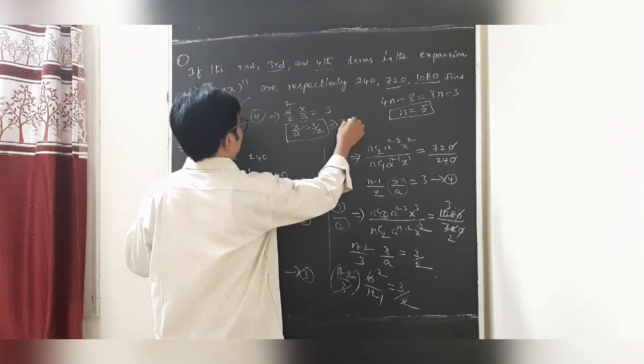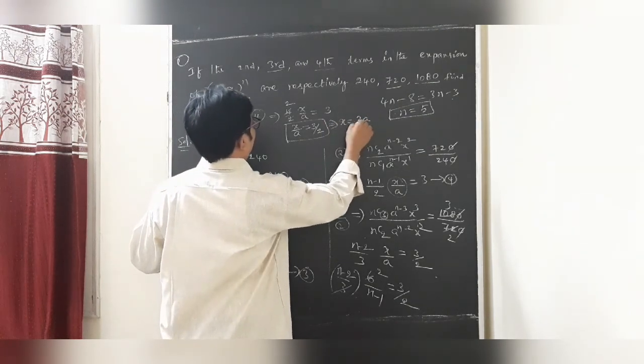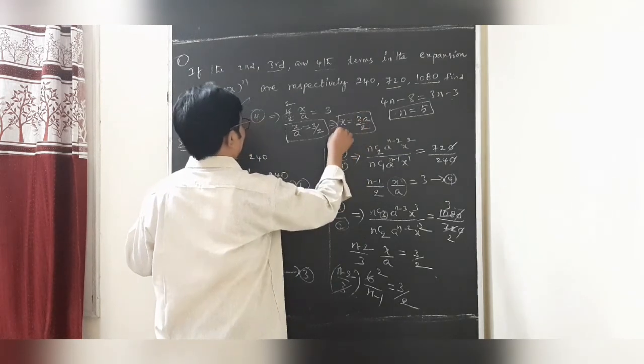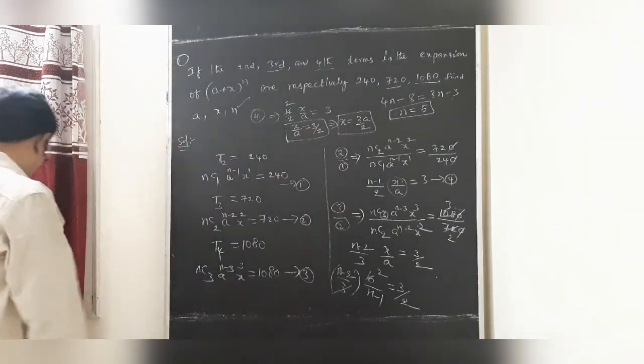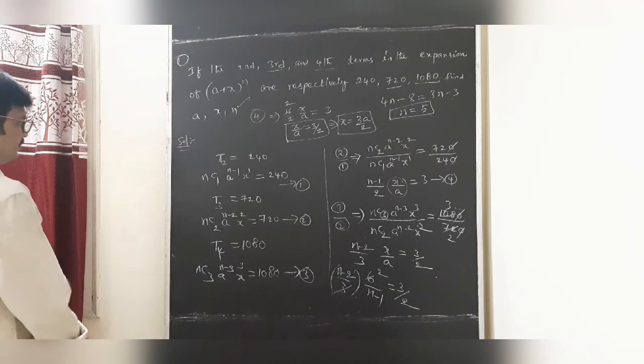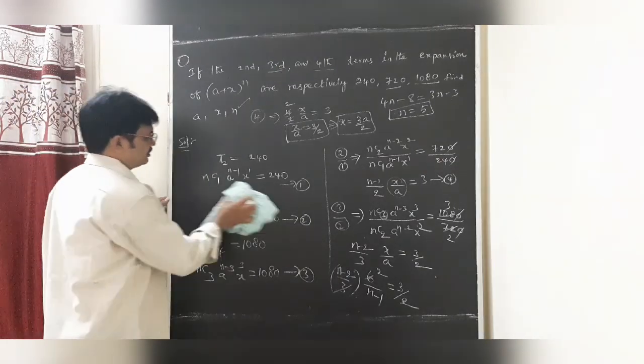So students, therefore x by a equal to 3 by 2. So x equal to 3a upon 2. My dear students, now how to write this?